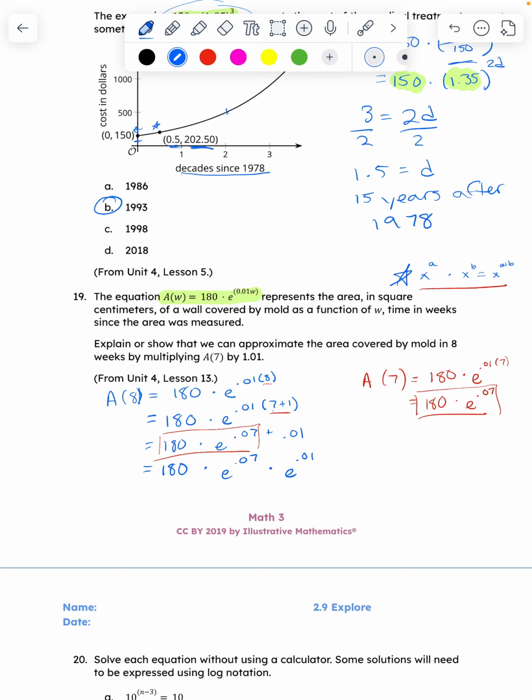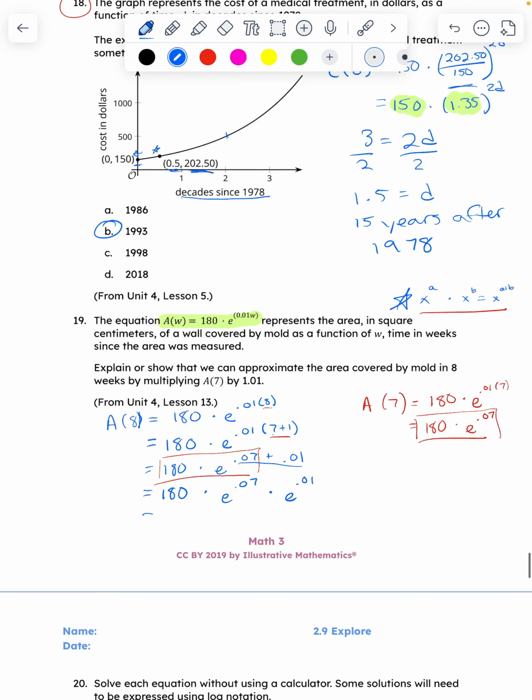I had e to something plus something else, so I'm writing it as e to the something times e to the something else. And now I'm well positioned to rewrite 180 times e to the 0.07 as a of 7. And we keep our times e to the 0.01.